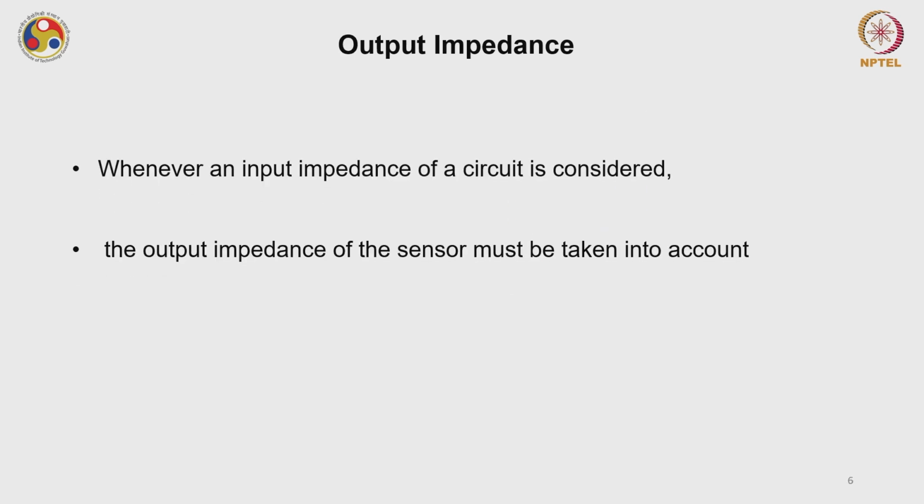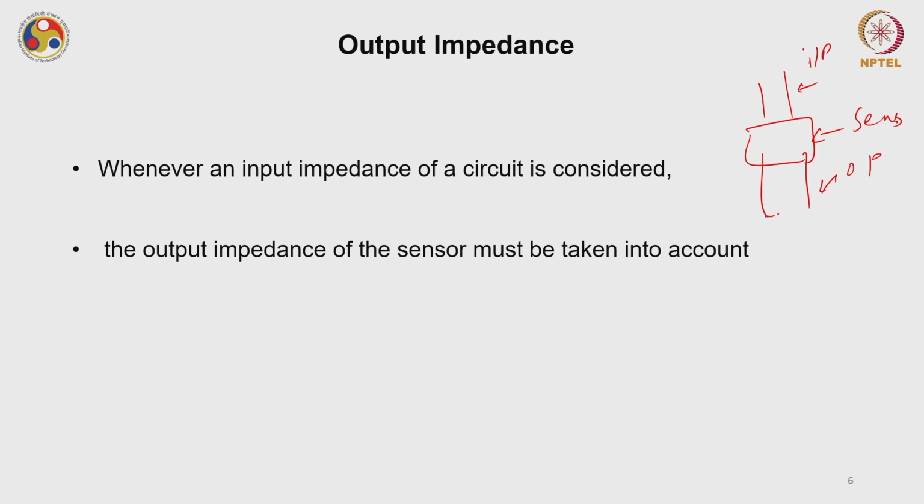All right, whenever the input impedance of a circuit is considered, the output impedance of the sensor must be taken into account, because the input impedance of the circuit will see the output impedance of the sensor, right? A simple example can be a two-terminal device. Say this is a sensor, which I am writing as a 2-port network. This is the input, this is the output.